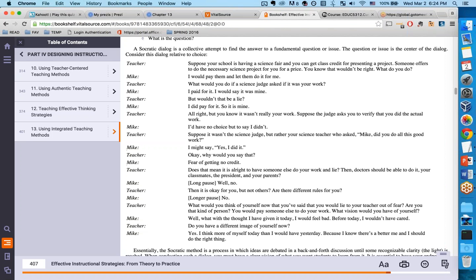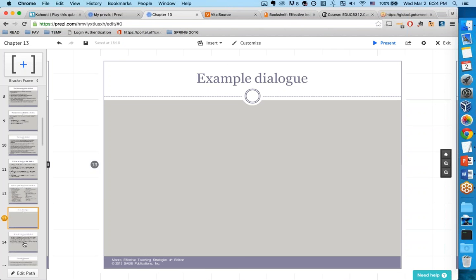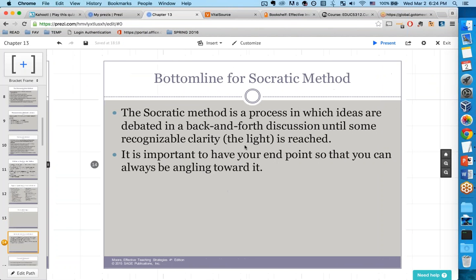So basically, as it says here, the Socratic method is a process in which ideas are debated in back and forth discussion until some recognizable clarity, also called light, is reached. So that is the purpose of the Socratic method. You want to reach an endpoint that you planned ahead of time, but the students get to this point with your help.